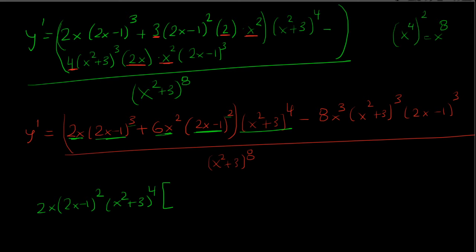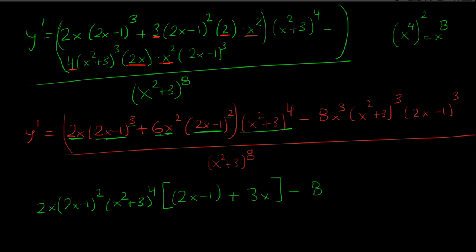For the first one, I have 2x, 2x minus 1 cubed, but I factor out a square, so that means I need another copy of 2x minus 1. And then the next one, I have 6x squared, but I have 2x outside, so that means I need another 3x.